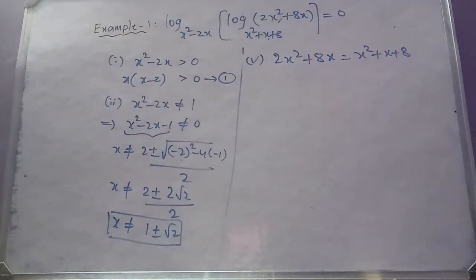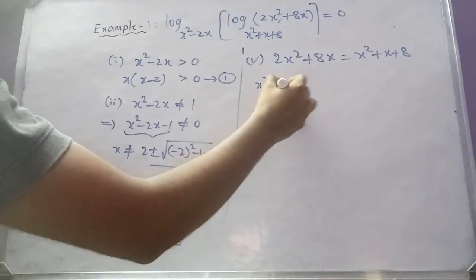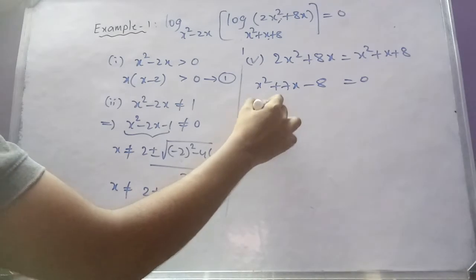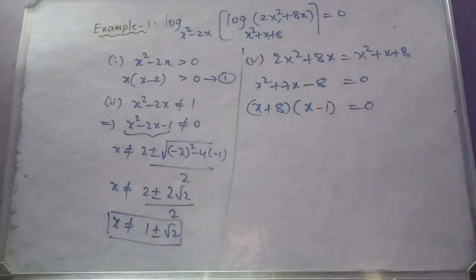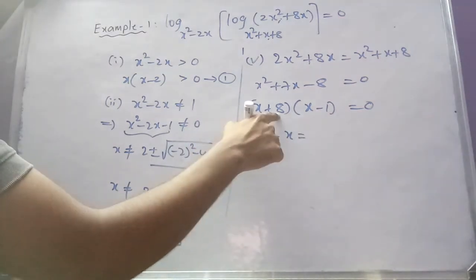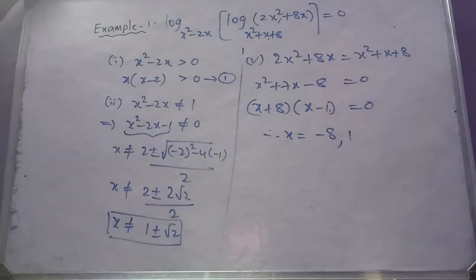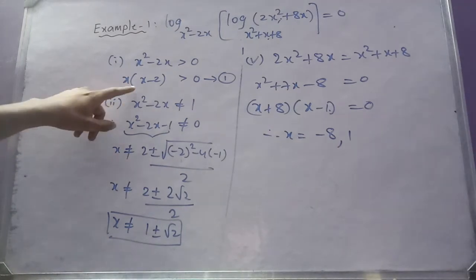If you take everything to the left side, you will get x square plus 7x minus 8 equal to 0. If you factorize it, you will get x plus 8 into x minus 1 equal to 0. Therefore, the roots of this equation are x equal to minus 8 and x equal to plus 1.